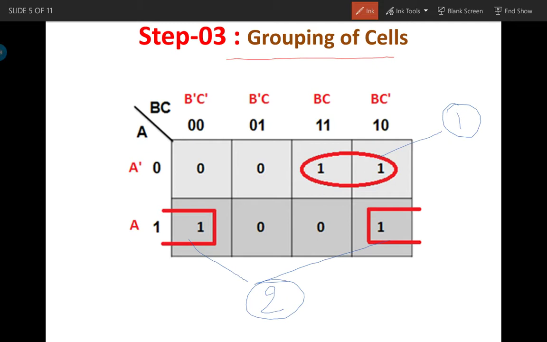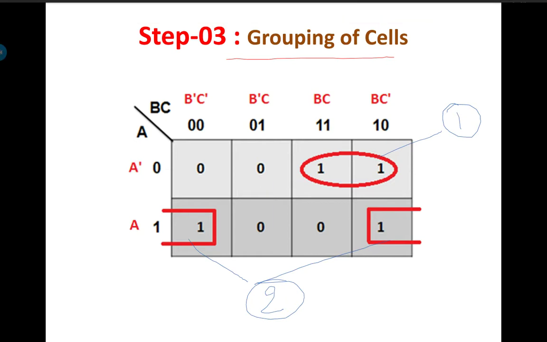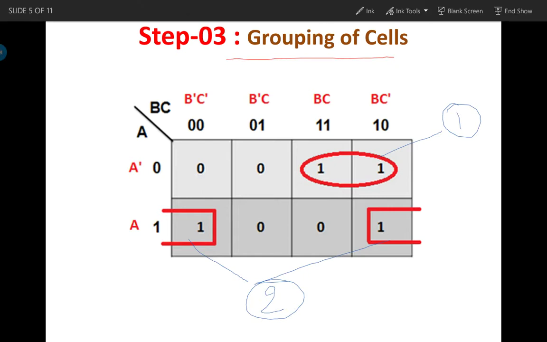Ultimately we have made two groups, and these two groups cover all the ones. So in this step we have formed the grouping.